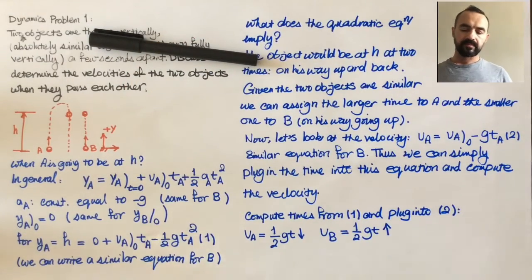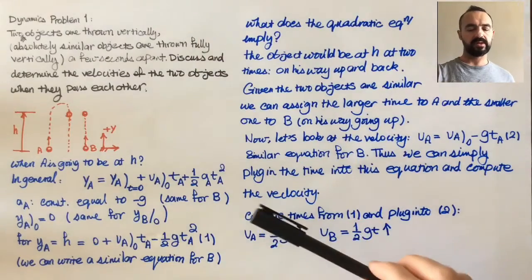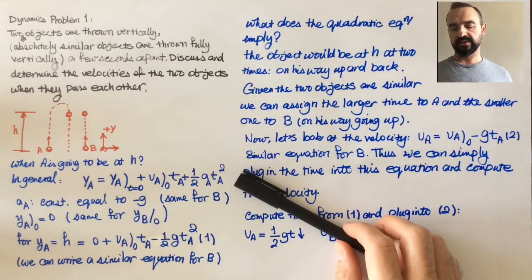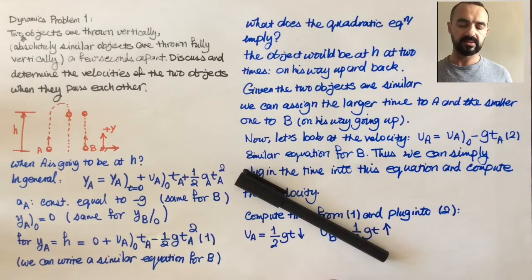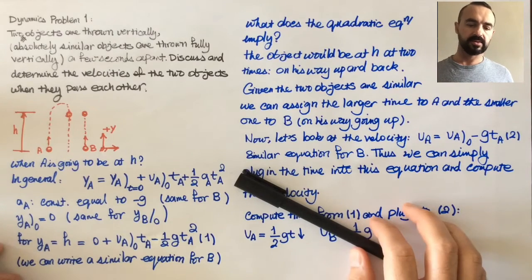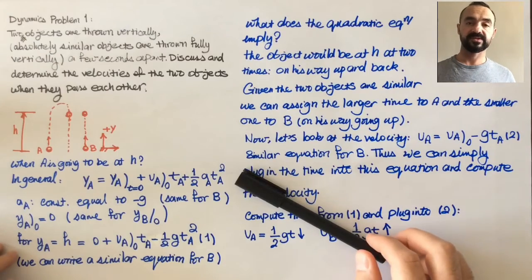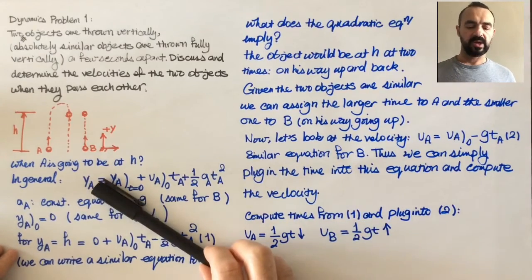So if you write down the equation we have for the height of object A, it's a simple equation from your basic high school physics or college physics.